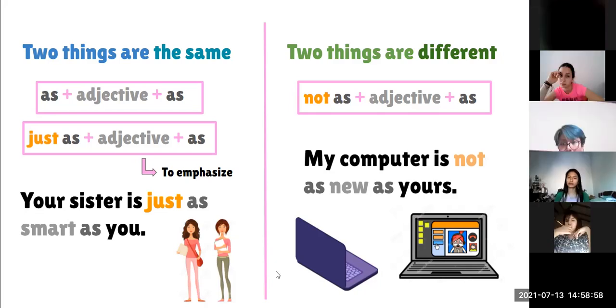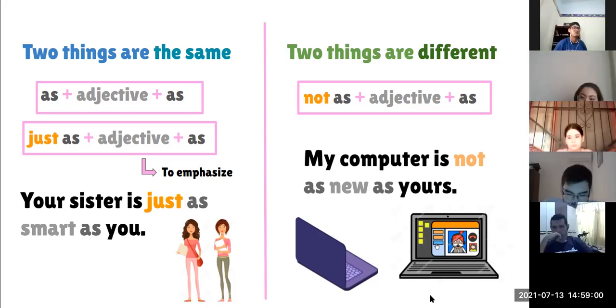For example, teacher, my sister just has the same character as my mom. Okay. We need to use an adjective, right? ¿Cómo puede describir con un adjetivo el carácter de su mamá?